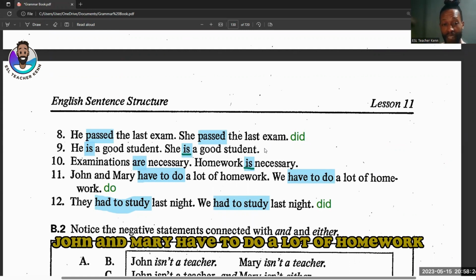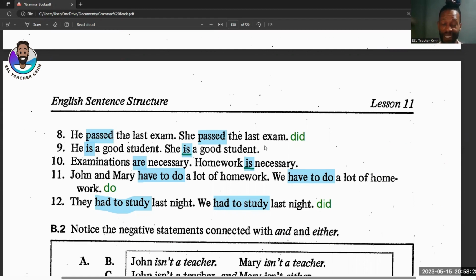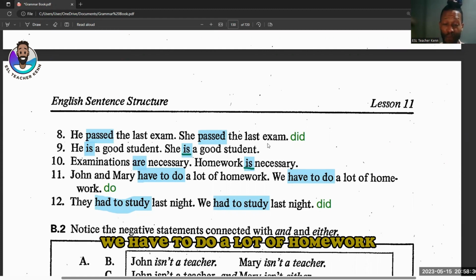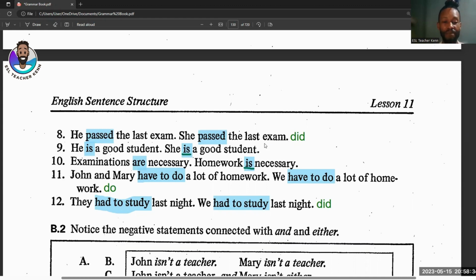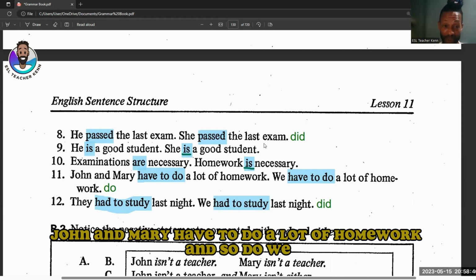John and Mary have to do a lot of homework. We have to do a lot of homework. John and Mary have to do a lot of homework, and so do we.